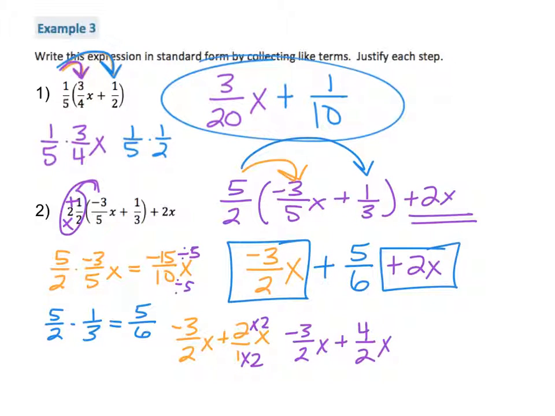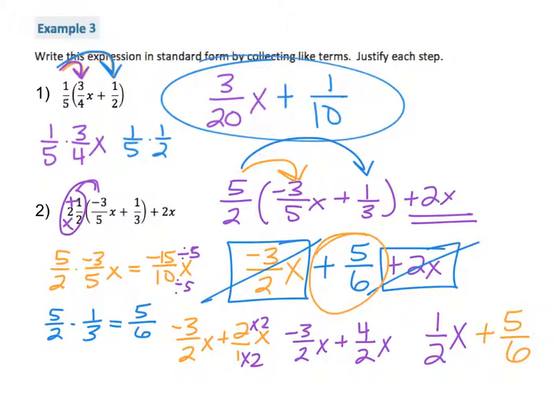When I add these together, negative 3 plus 4 is positive 1/2 x. Now, that's what our x's turn into. But we can't forget that we still have to add plus 5/6 to come to our final answer. Lots and lots of steps to get to an answer, but it's doable.